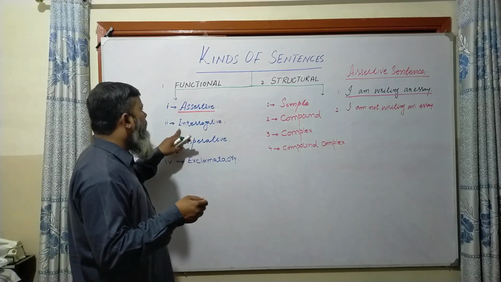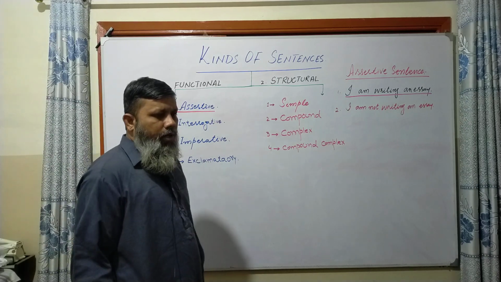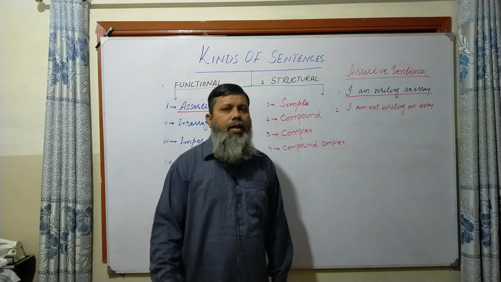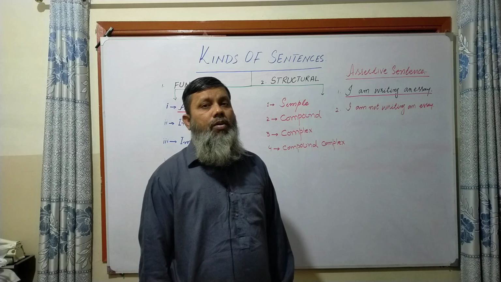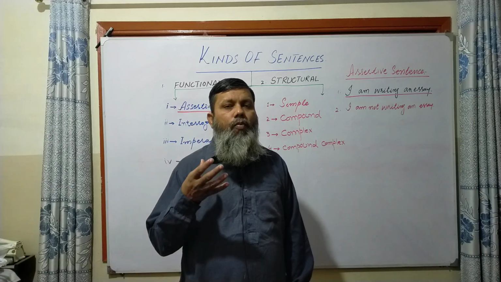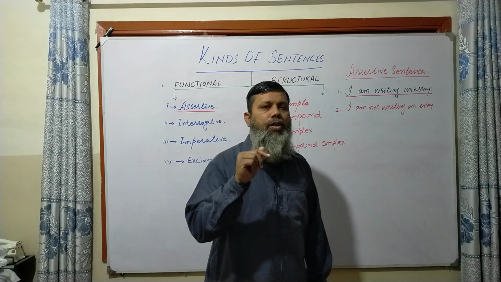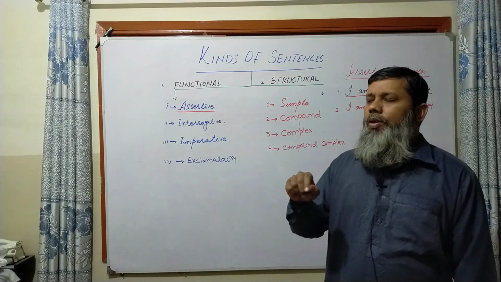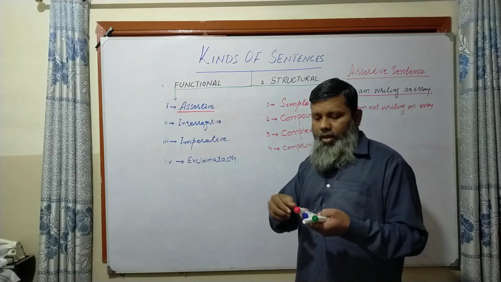Now number two, interrogative. When we talk about interrogative, it comes to our mind that it is a question. Interrogate is a verb. Interrogation is a noun. But here we use interrogative sentences.